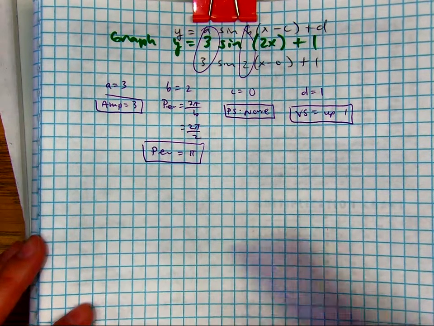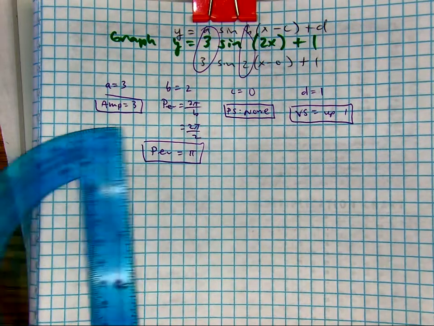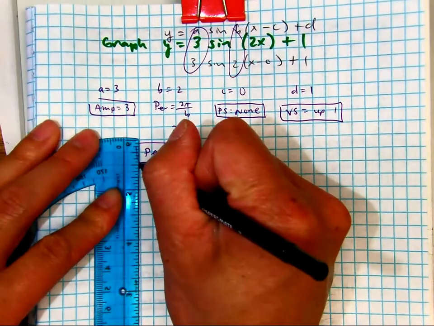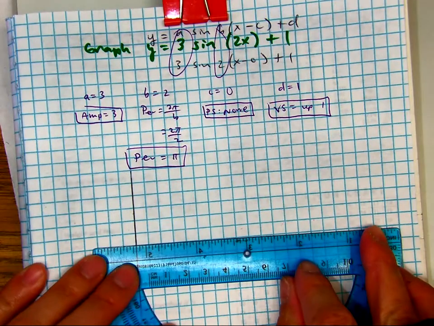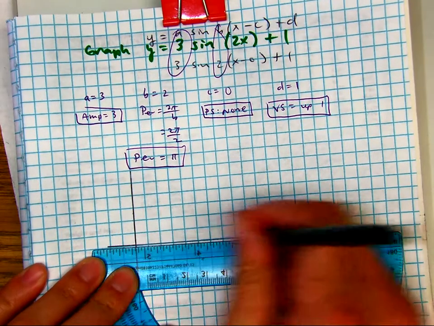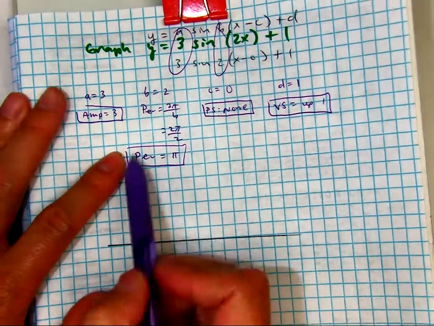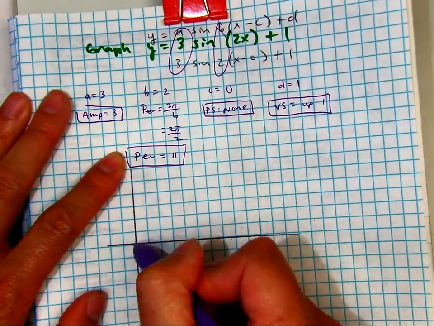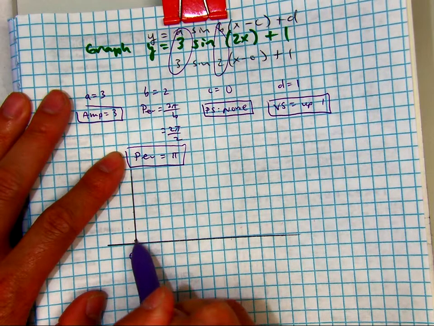So now I'm going to draw my graph. Notice that the graph of sine is going to finish by pi, so I'm going to start here. I need 5 x-intercepts, 1, 2, 3, 4, 5.